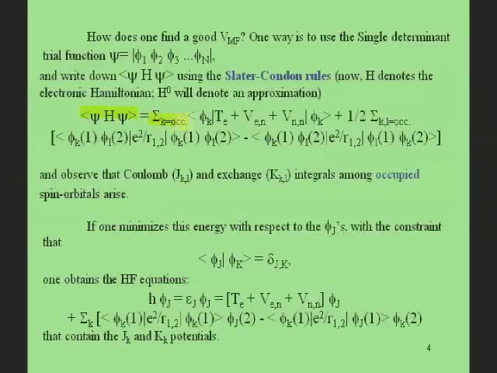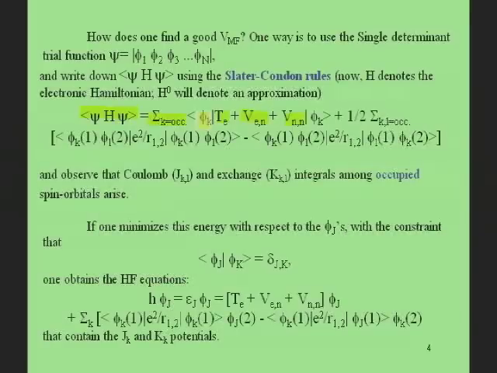The Slater-Condon rules tell us, well, we would have a sum over all of the spin orbitals that are appearing in that Slater determinant, that's what I mean by K occupied, OCC, of the kinetic energy, electron nuclear attraction, and nuclear repulsion operators. Those are the F-type terms that were in the preceding thing I talked about in generality.